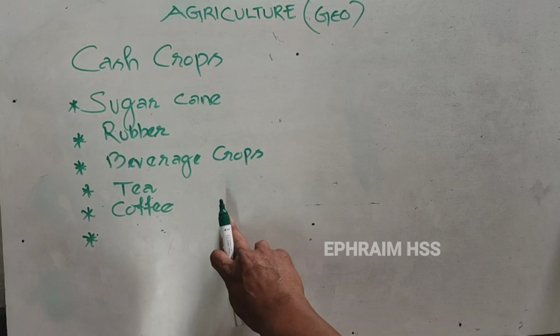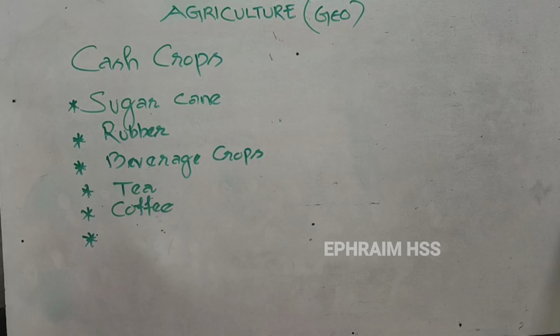Sugarcane. Sugarcane is a tall tropical and subtropical plant, and it is the main source of sugar, gur, that is kurtai, and khansari. It's an annual crop and requires a warm and wet type of climate with temperature ranging between 20 degrees Celsius to 30 degrees Celsius, and rainfall of about 100 centimeter to 300 centimeter.